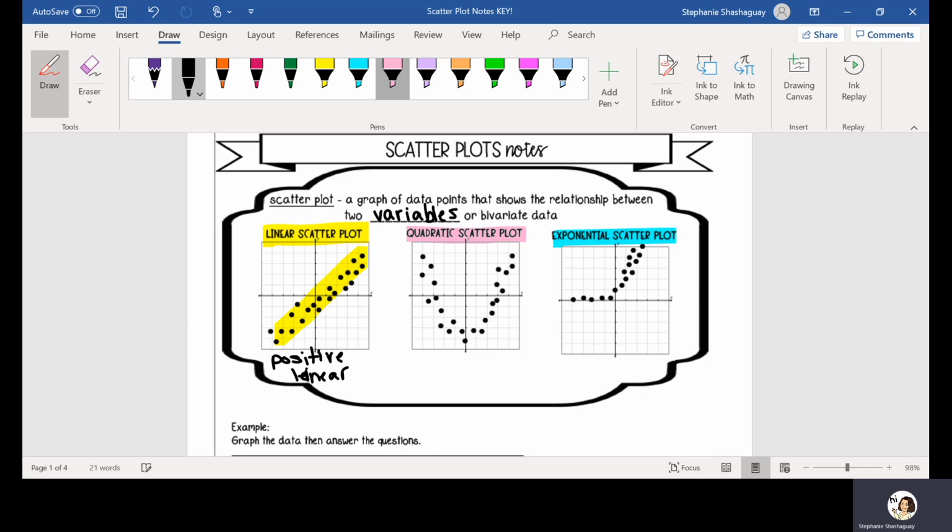Okay, here we have, if we try to make a line of best fit for our quadratic scatter plot, you would see that we have a U shape or a parabola, technically, which is a positive quadratic.